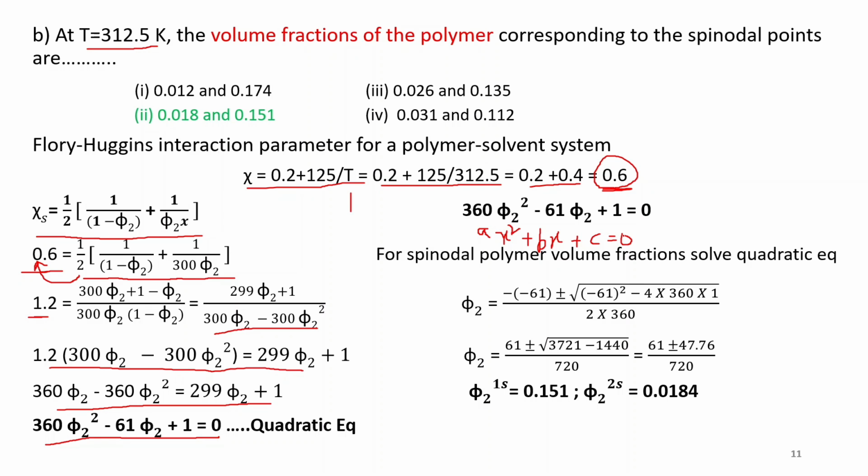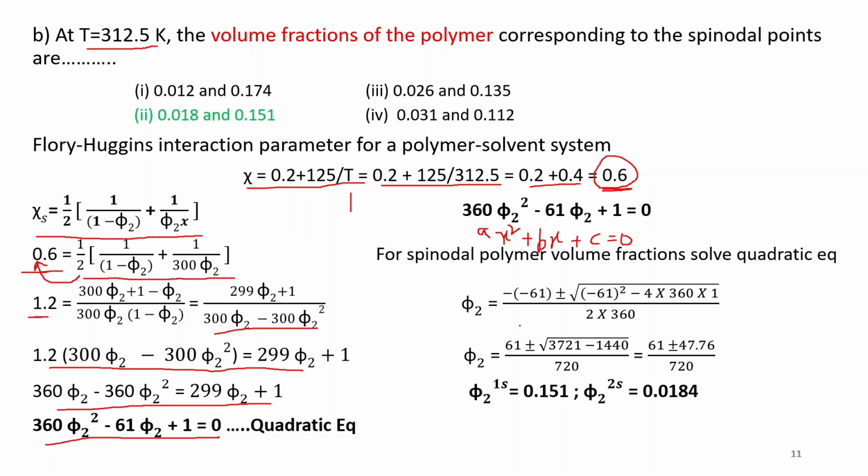So here a is 360, b is minus 61, and c is equal to 1. So we can just apply the quadratic formula to find the roots, which is minus b plus minus root of b square minus 4ac, divided by 2a.